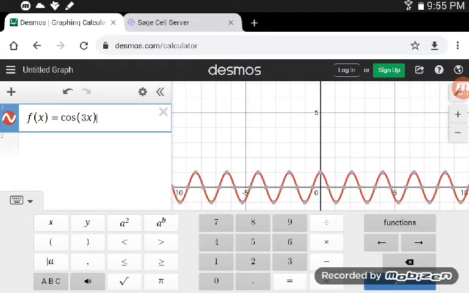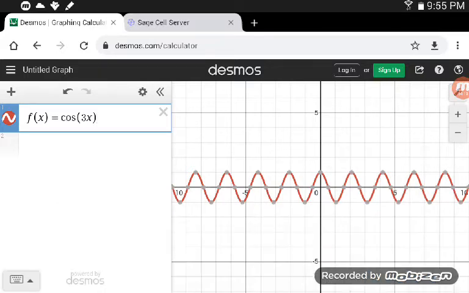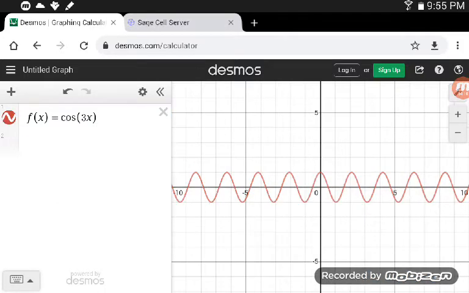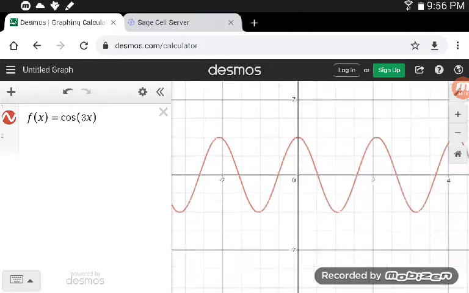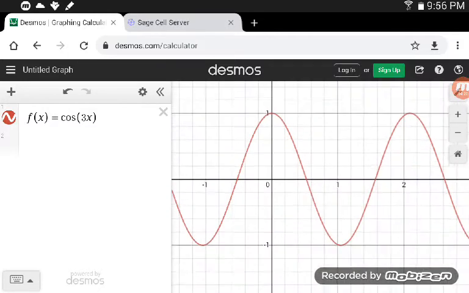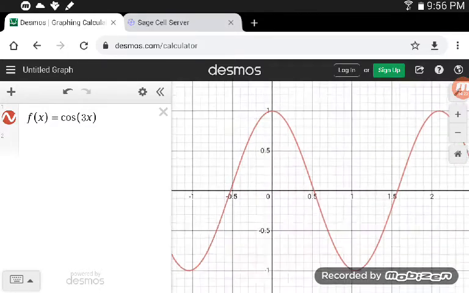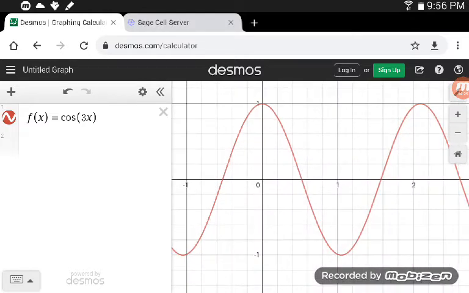So there's the function. Now we were at pi over 4, trying to make that a little bigger. Pi over 4 is like at 0.75-ish, somewhere in there.